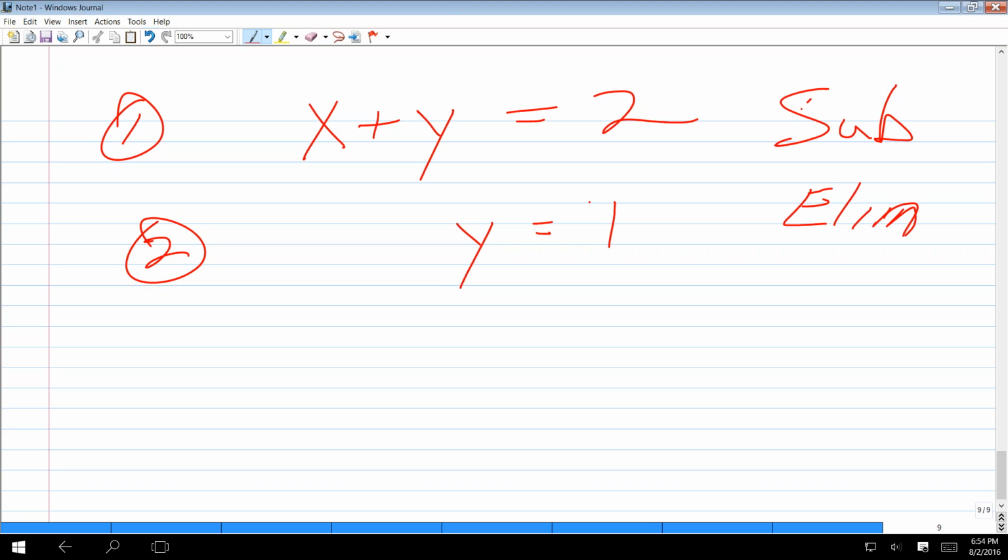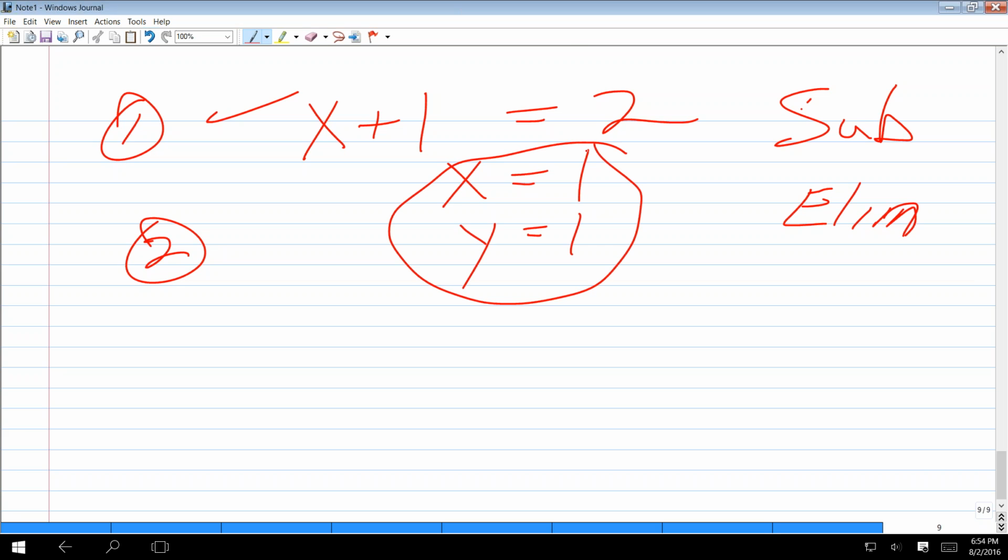This was substitution. We took the y equals 1, we substituted it into there, like that, and then we solved that equation, and so now we have x equals 1. That's how you got it. And we already knew y was equal to 1, so we have the solution for both variables using substitution.